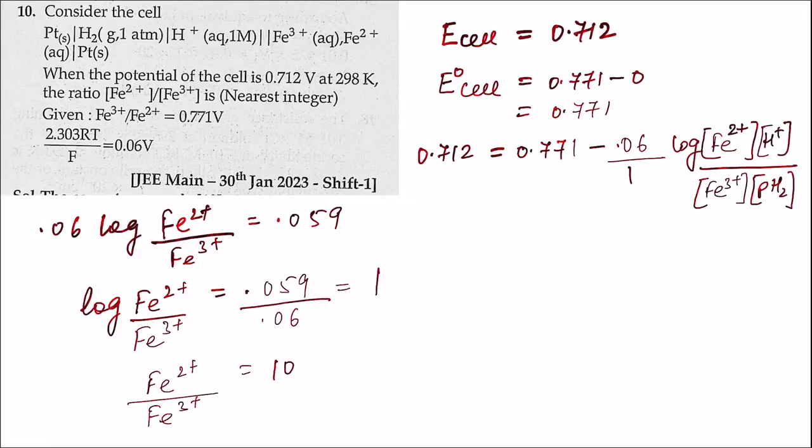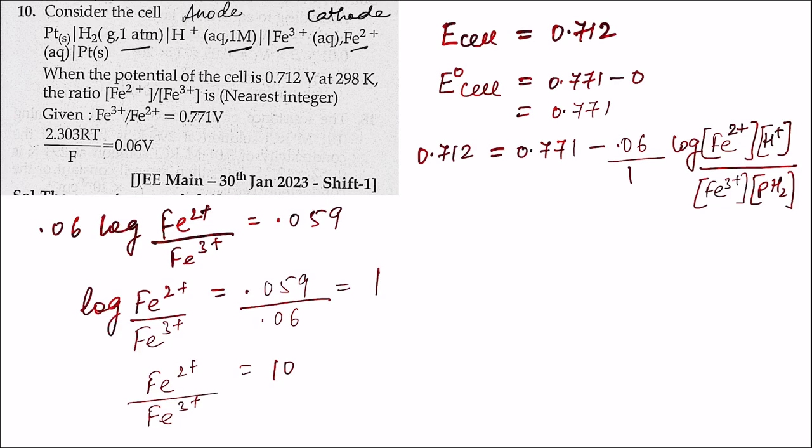Consider the cell. Now this is a cell here. Anode is standard hydrogen electrode. Pressure of hydrogen is 1 atmosphere and H plus ion concentration is 1 M, and cathode is made up of iron, where Fe3 plus is getting reduced to Fe2 plus.